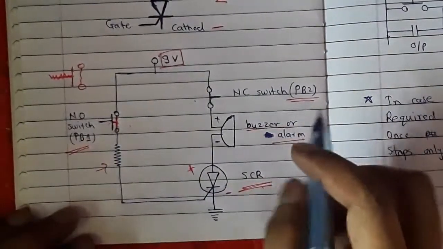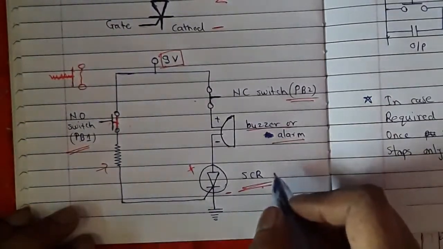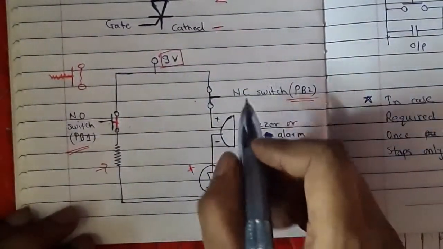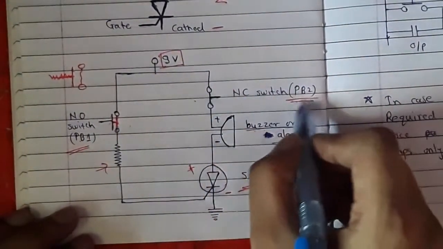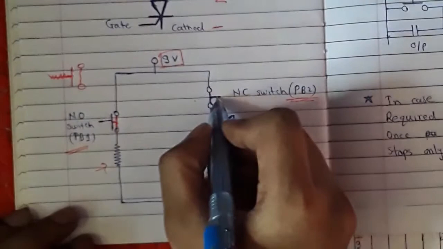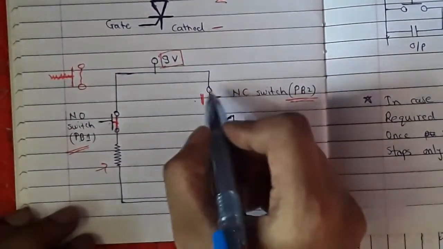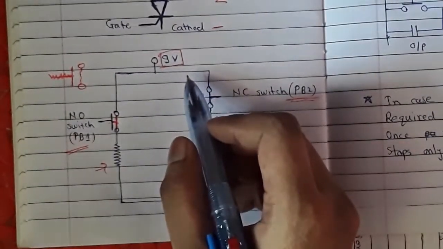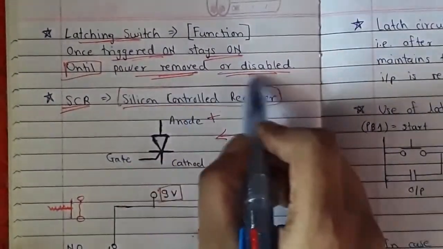Here SCR will turn off, or buzzer will stop alarming, when we push this normally closed switch, that is PB2. When we push this PB2, it reaches here and contact with the 9-volt battery is removed or disabled, as we have seen here.